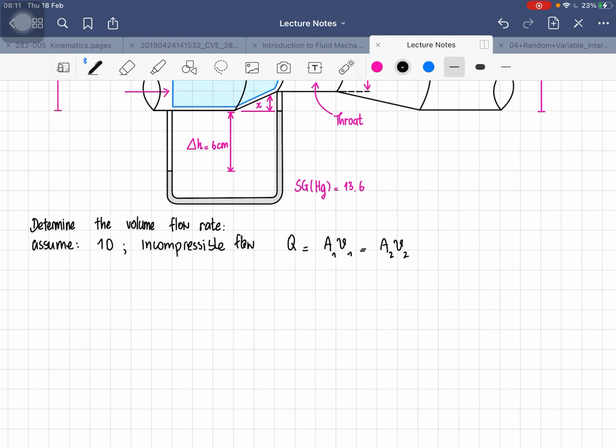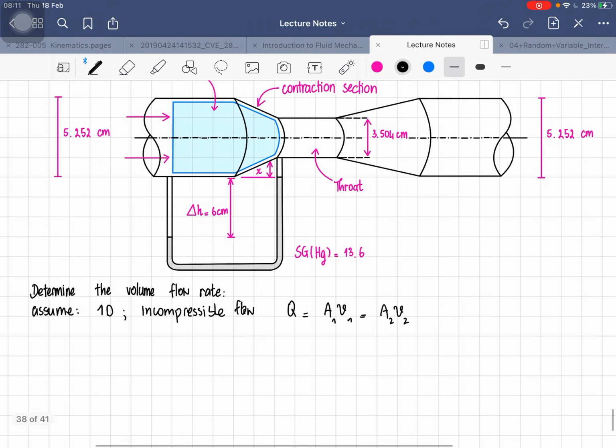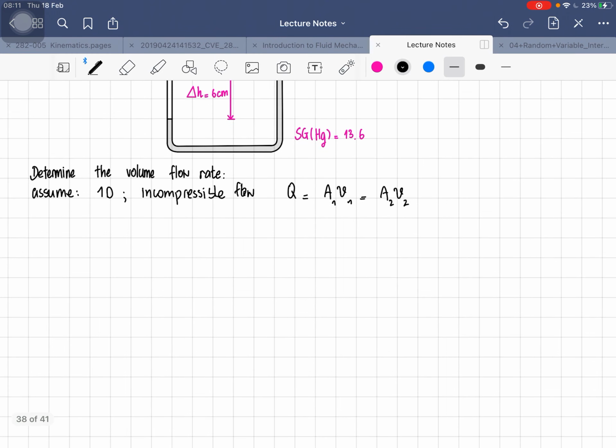The initial and the final rate, the area with the velocity, when it starts here and when it goes out here. After that, the equation that we can solve from this is the pressure over the density plus the velocity squared over 2, and then we add g z1.